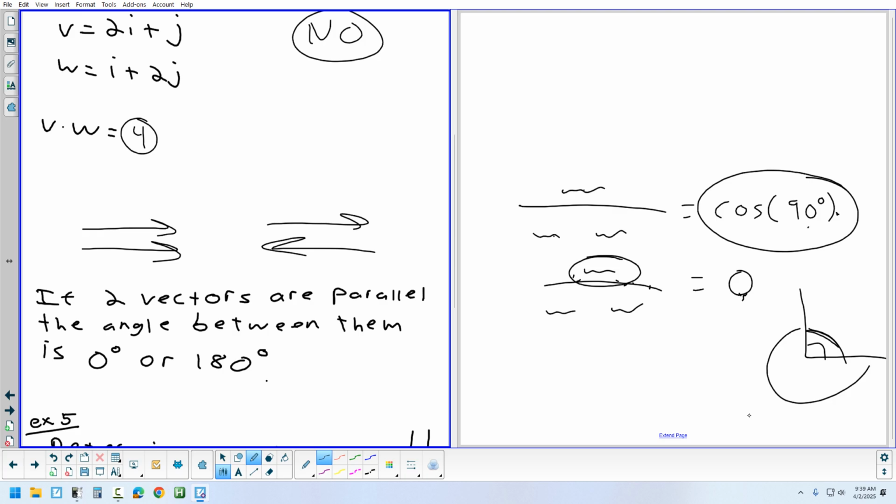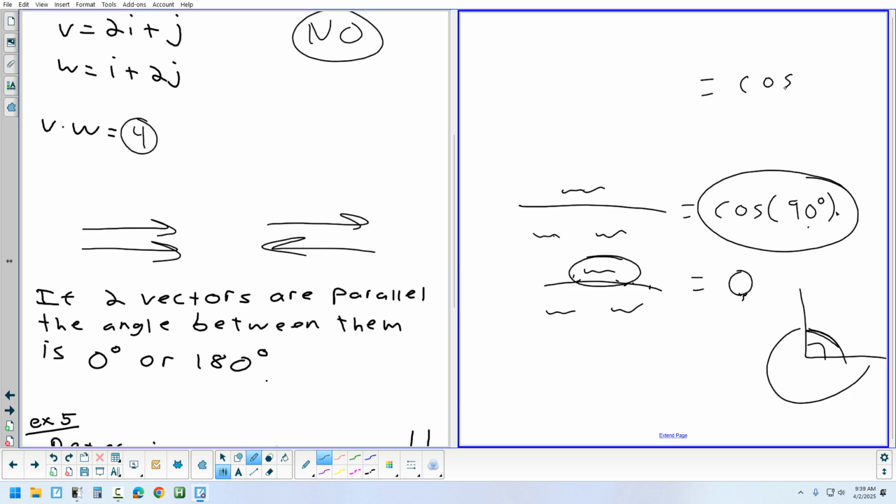Let's think about what would happen if the angle was 180. You'd have 180 on the right side, and that would be equal to a dot product over the product of the magnitudes. What's the cosine of 180? Negative 1.